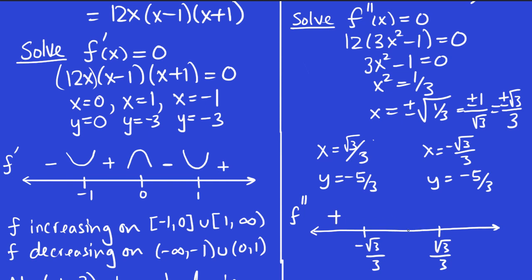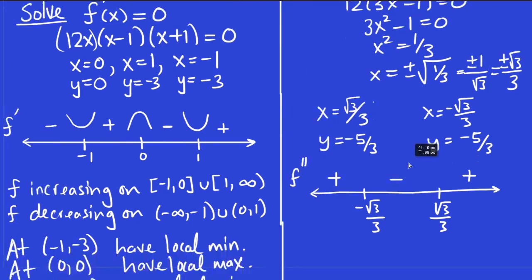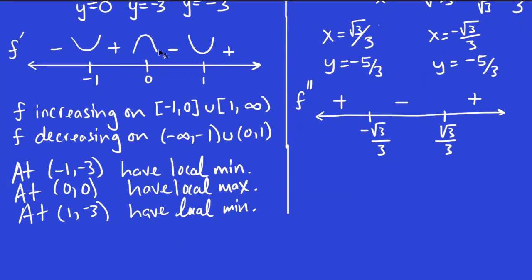Any number in here, such as 0, I put it in here, I'll get a negative. And any large number up here, I'm going to get a positive. So back on over here, the plus and minus meant increasing and decreasing, because that was for the first derivative, right? But over here, the plus and minus are actually indicating concave up and concave down, because this chart is for the second derivative.